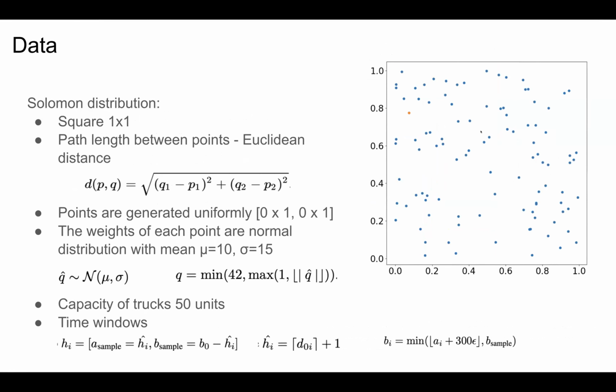Distances between them are Euclidean distances, and each client's cargo has weights from a normal distribution with predefined parameters. We have time windows with the same normal distribution, but clipped with different predefined values.